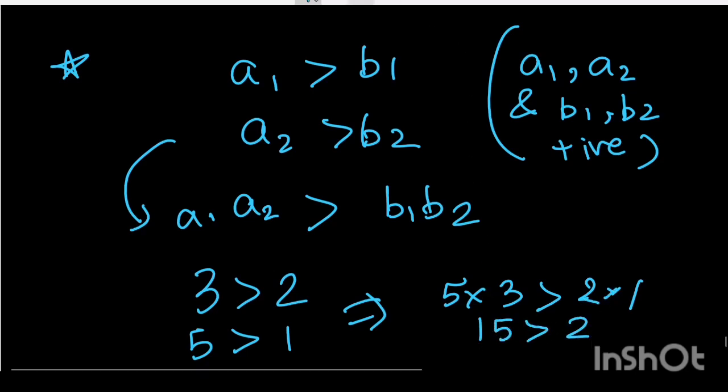So if A1 is greater than B1, A2 is greater than B2, the product of A1, A2 would be greater than the product of B1 into B2. That we can say. And it can be generalized for so many inequalities, guys.